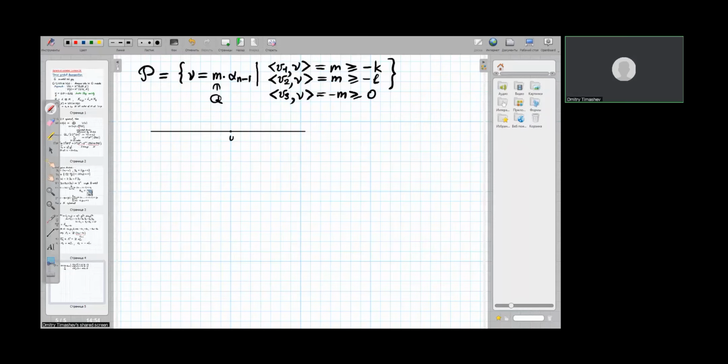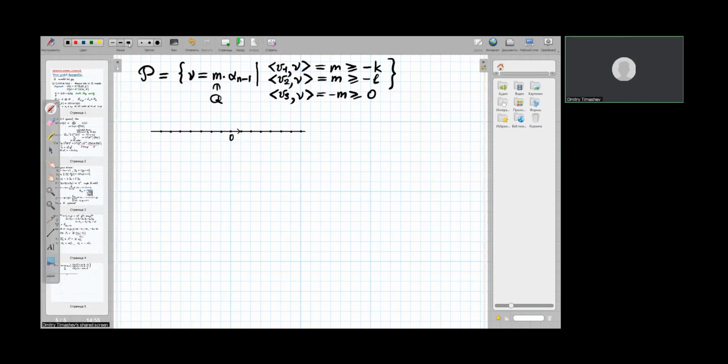So this will be the origin, and these are the other lattice points. This first lattice point corresponds to the generating vector of this lattice.